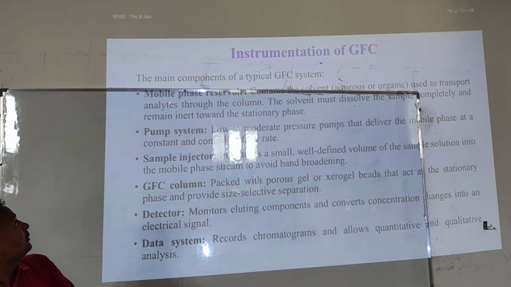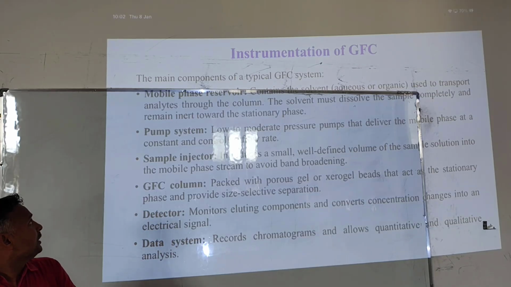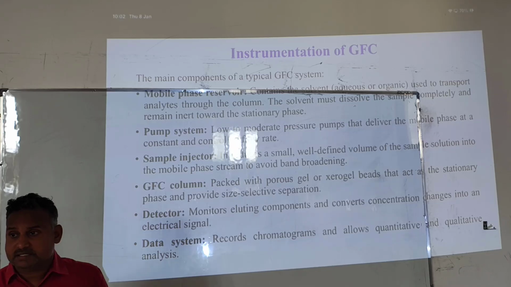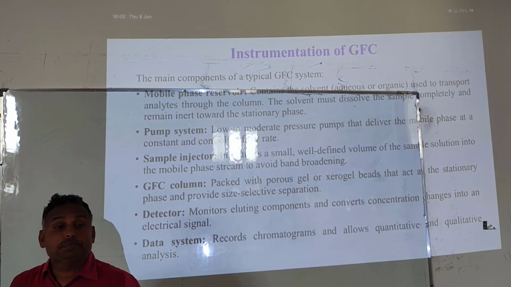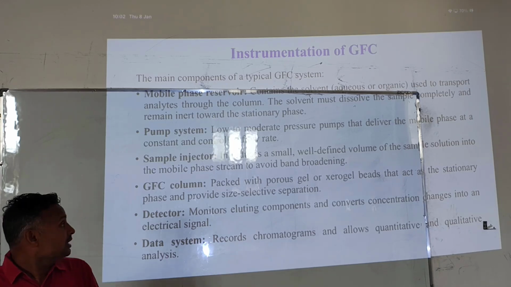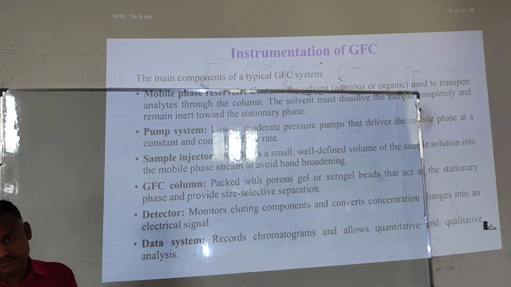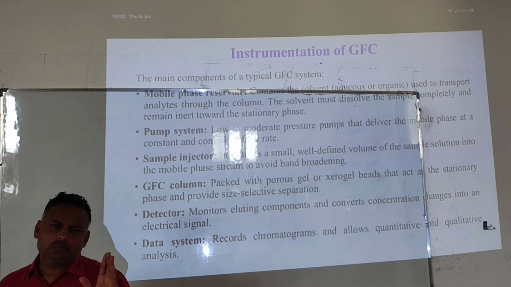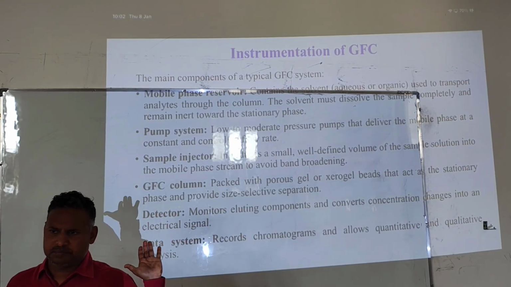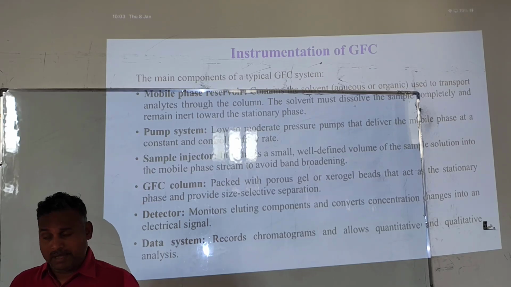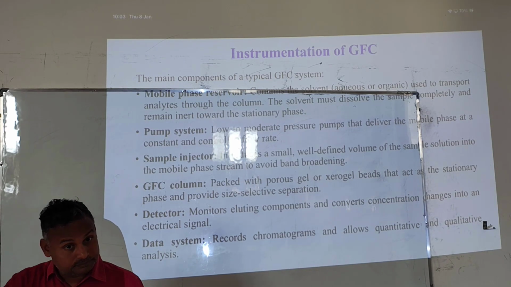That means we need a mobile phase reservoir, a pumping system to pump the solvent, a sample injector in order to inject the sample, a GFC column, gel filtration chromatographic column, a detector, and a data system. Almost all the chromatographies have the same parts, but the inside components may be different.